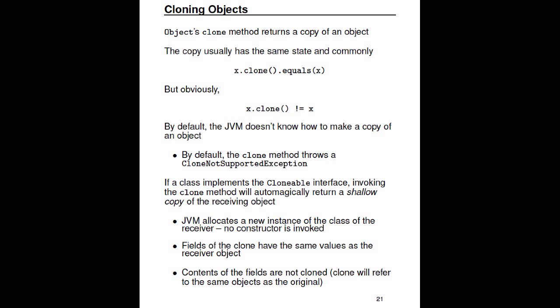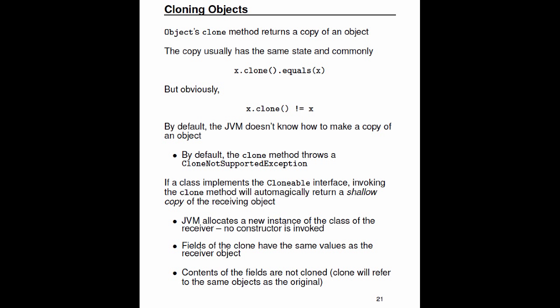And there is some magic inside the VM that will automagically return what's called a shallow copy of the receiving object. The VM is smart enough to know that when clone is invoked on a Cloneable object, it basically takes the original object, makes an in-memory copy of it, and goes along its way. This is kind of interesting.